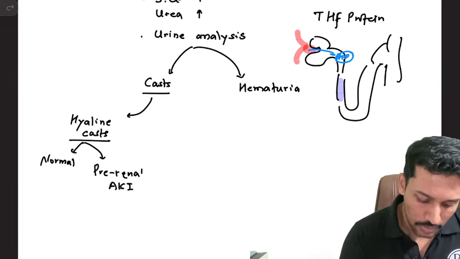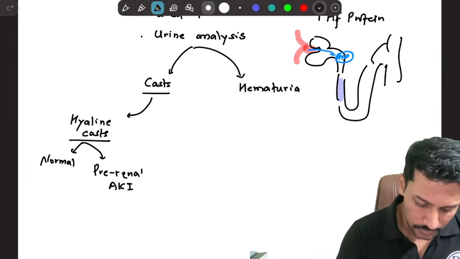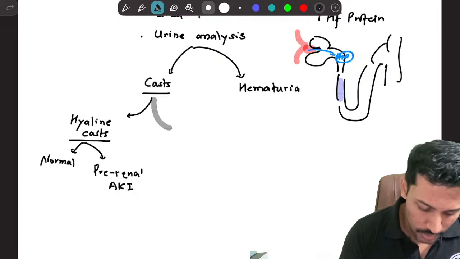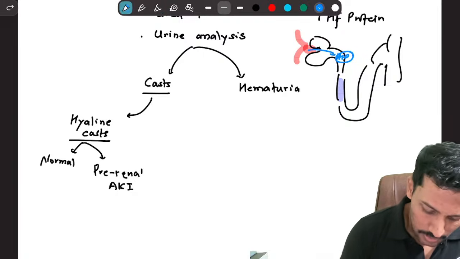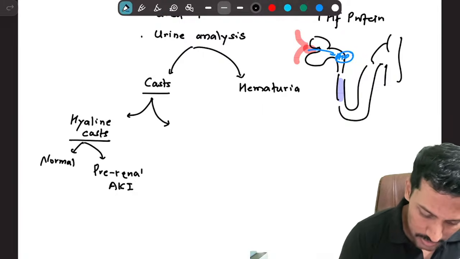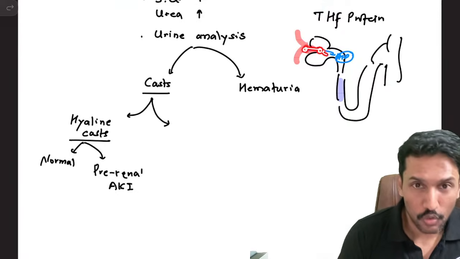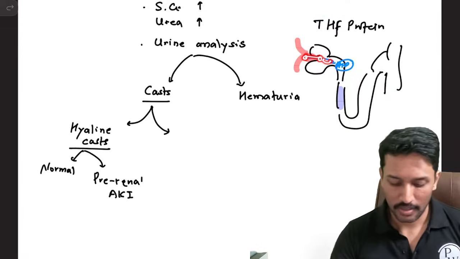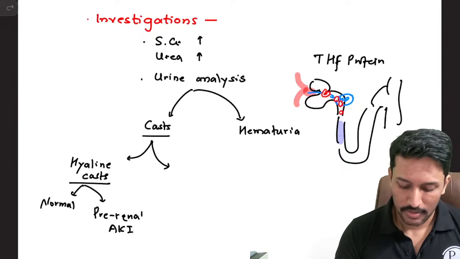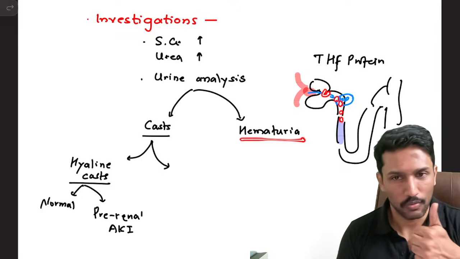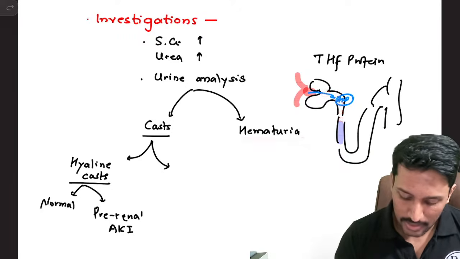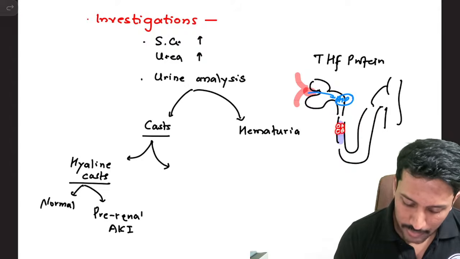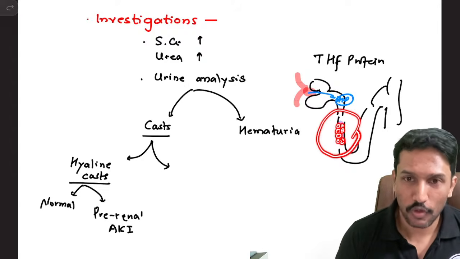But if I have glomerular injury, then as the glomeruli get damaged, the RBCs pass through this injured glomeruli into the glomerular filtrate. That will manifest as hematuria, one thing. Second thing is these RBCs will be impregnated on this Tamm-Horsfall protein sheet.